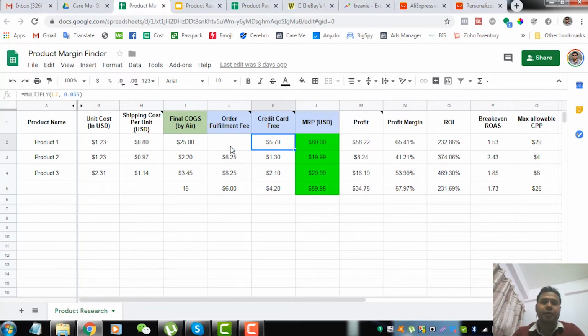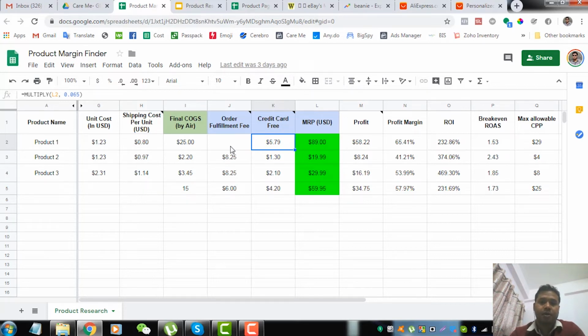Next is credit card fee. This is also important, especially for people who are doing drop shipping outside of the US, because most of you will not be able to use Shopify Payments. In that case, Shopify will charge you 2.9% probably, plus an extra 30 cents, and there will be another 2% or 3% for the external credit card processor that we'll be using.